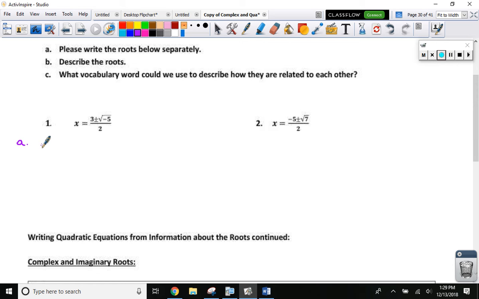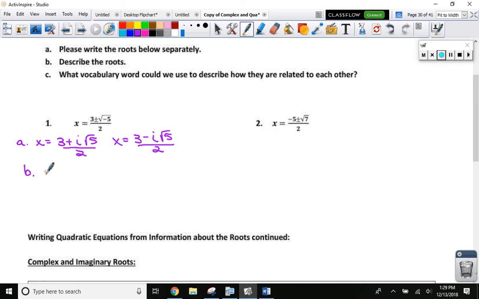X equals 3 plus radical 5 over 2. All right, so there's the two roots written separately.